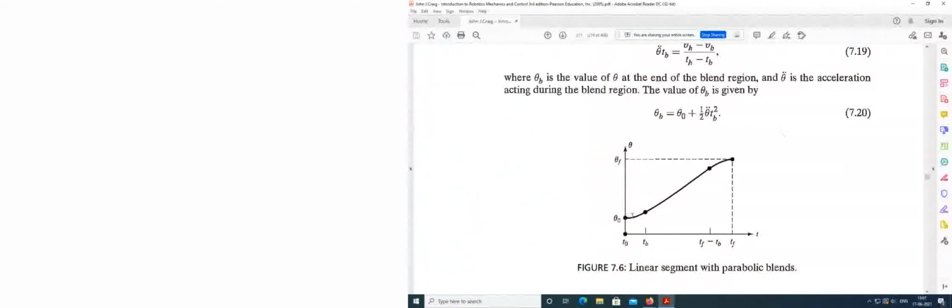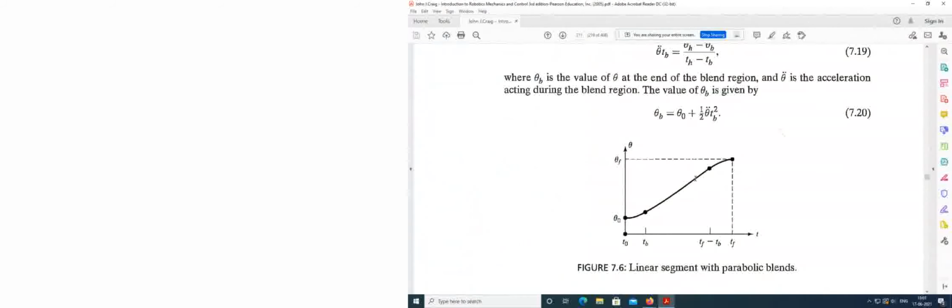Yes, there are 2 coefficients. A parabolic function is nothing but a quadratic function, so it has 3 coefficients, which means for this segment we have 3 unknowns. Similarly, for this segment we will have 3 more unknowns, and for this linear segment we will have 2 unknowns. So in total we have 8 unknowns.